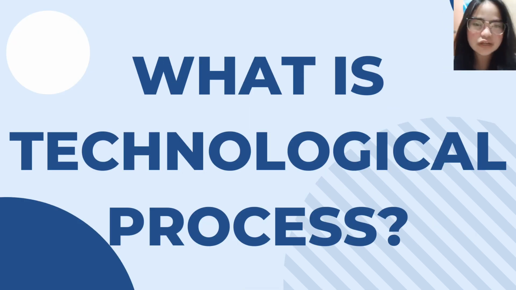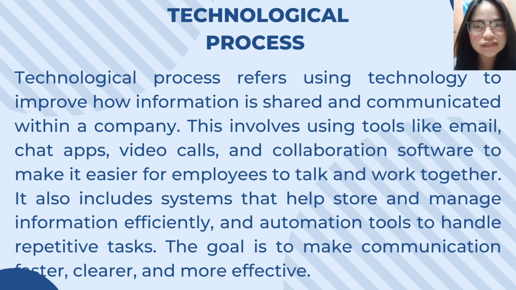What are technological processes? Technological processes refers to using technology to improve how information is shared and communicated within a company or organization. In today's workplace, technology is changing how people talk and share information by using things like email, chat apps, messenger, video calls, and teamwork software.